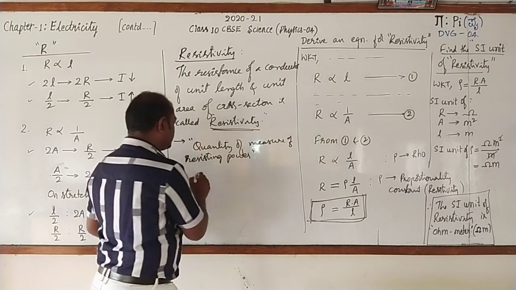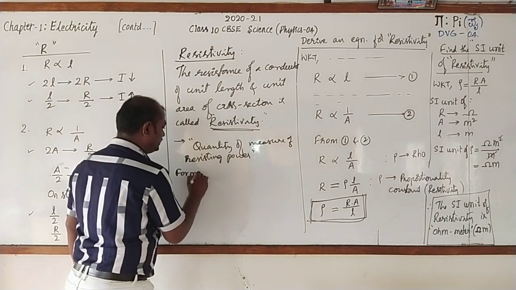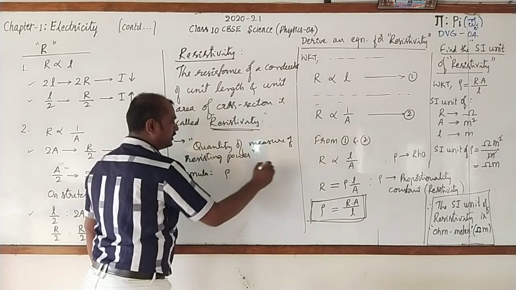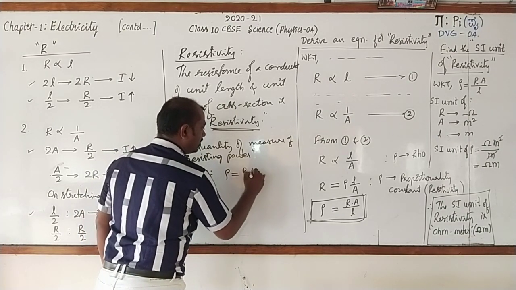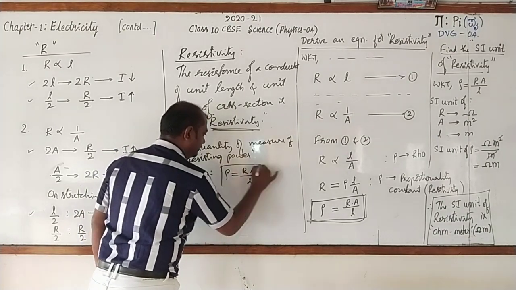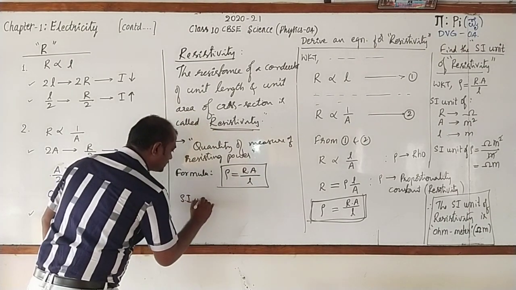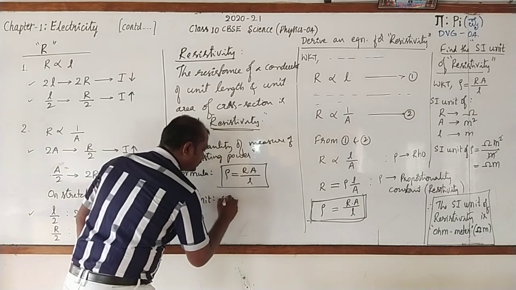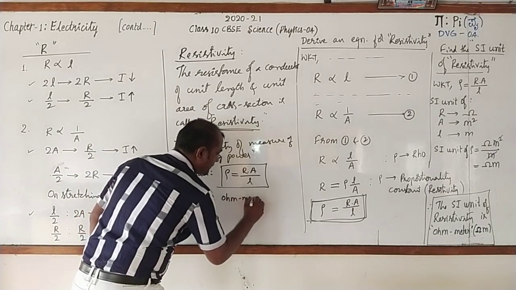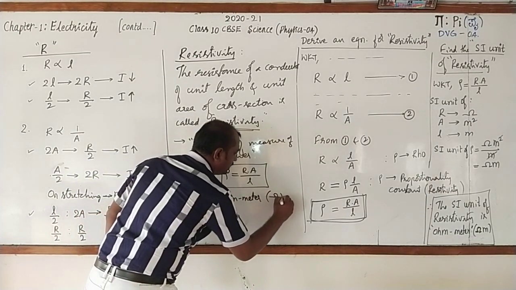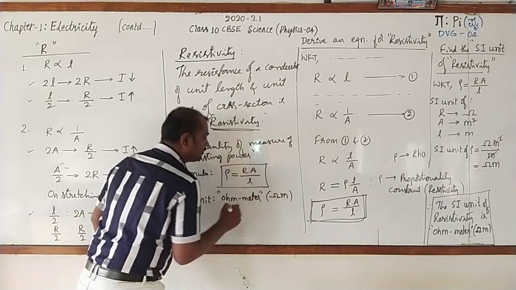Now, what is its formula? The formula is, as we have already derived, rho equal to R into A by L. Then what about its SI unit? The SI unit is ohm meter, or symbolically omega m.